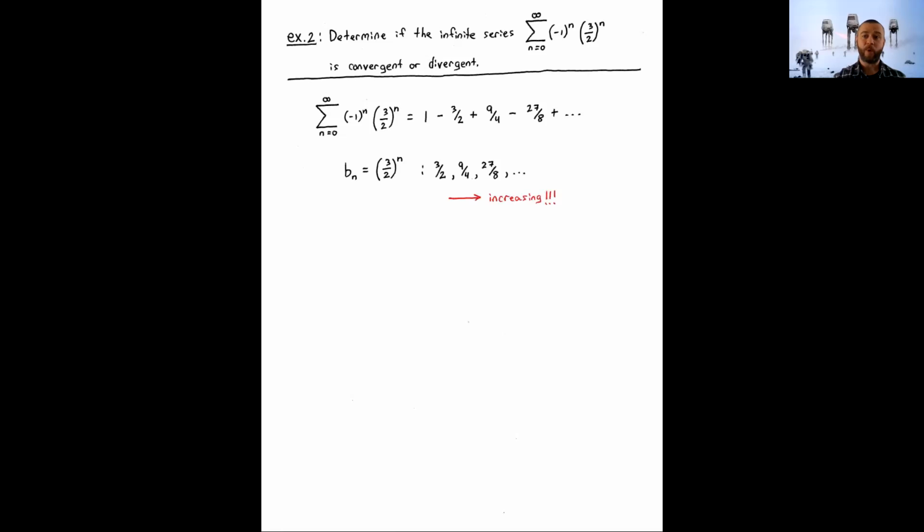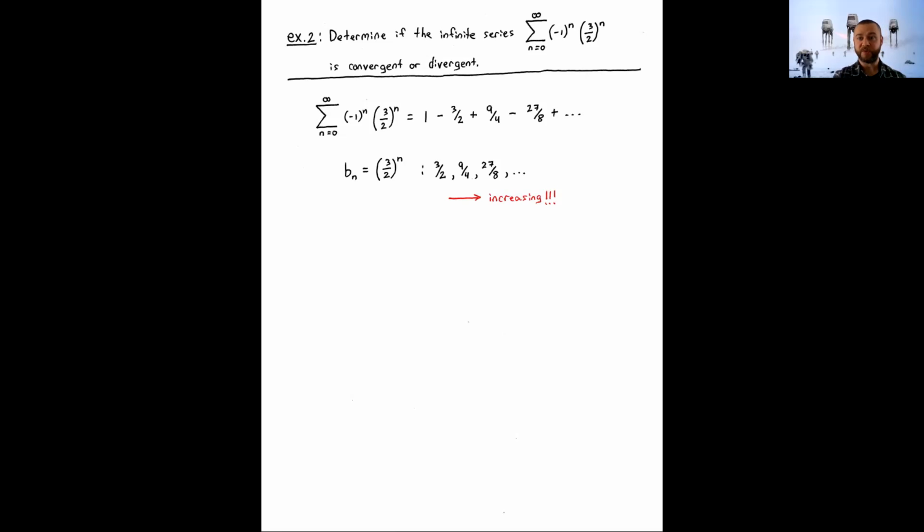Now, if you take a look at what terms that generates, start with n equals 1, you get 3/2. Then go to 9/4 when n is 2. Then when n is 3, 27/8. And notice here, the terms b sub n are actually increasing, they're getting bigger.